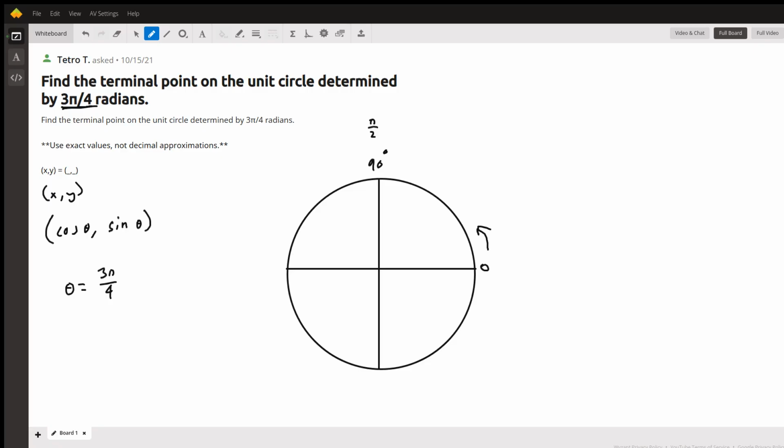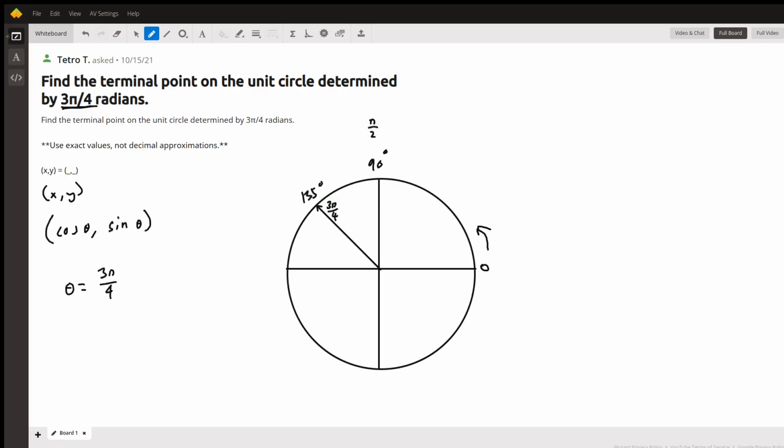So now 3 pi over 4 on the unit circle lies right in the middle of quadrant 2. So this is 3 pi over 4, or in degrees it's 135, same thing, right?